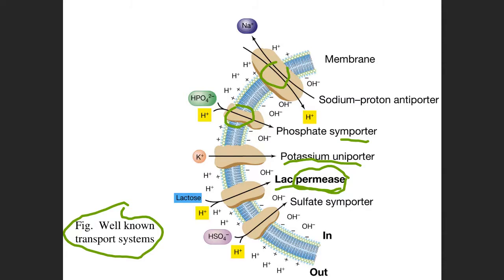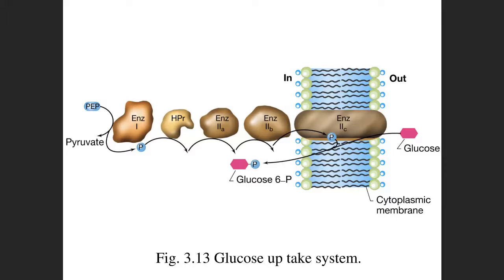And aside from that, you have a glucose uptake system called PTS. And so the glucose, and this is important, this is the outside. So the glucose is outside, and this is inside the cell.